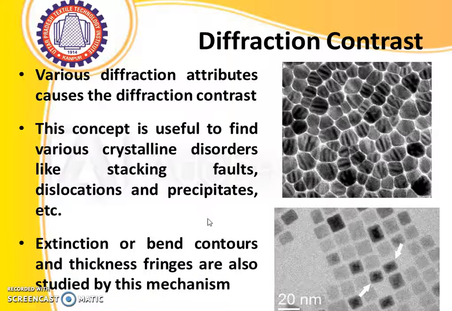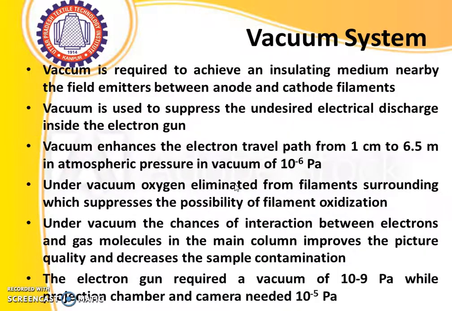Extinction or bend contours and thickness fringes are also studied by this mechanism, because where the concentration of transmitted electrons is high, that part looks bright, and where the concentration of transmitted electrons remains less, it means the maximum number of electrons are blocked in those places. Those look like the dark places.